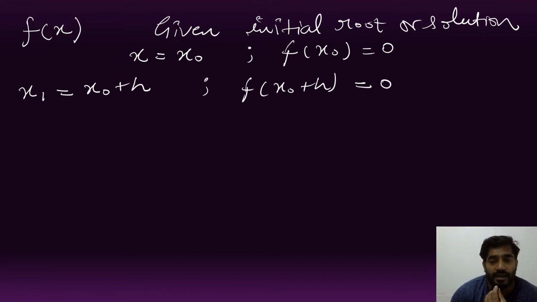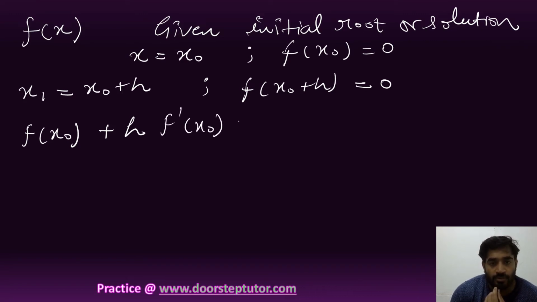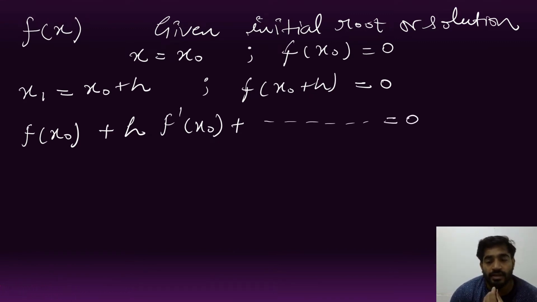Now if I apply Taylor's expansion over this, then Taylor says it has an expansion like this: f(x naught) plus h f dash (x naught) plus h square f double dash (x naught), and so on, which is equal to 0. Higher differential orders can be neglected.